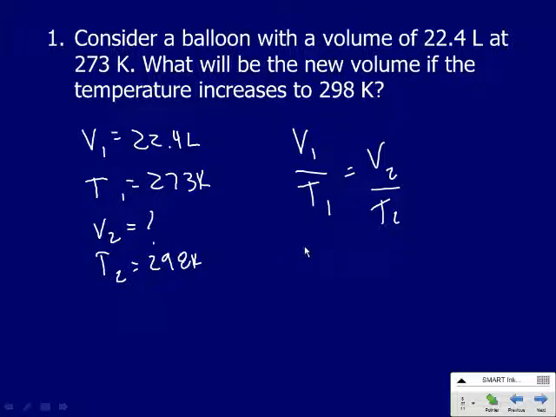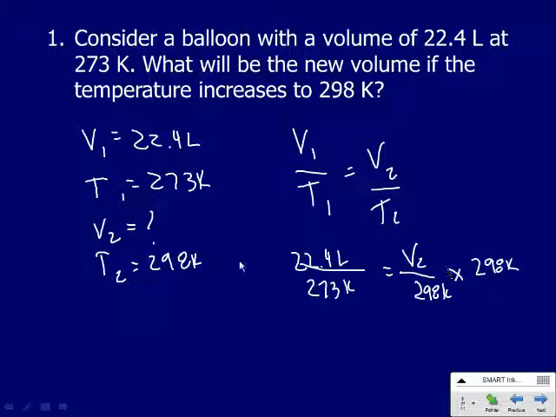It's pretty straightforward stuff. V1, 22.4 liters. 273 Kelvin. V2 is what we're looking for. T2 is 298 Kelvin. I got to move this guy over here. Multiply by 298 Kelvin. Multiply by 298 Kelvin. That's gone.